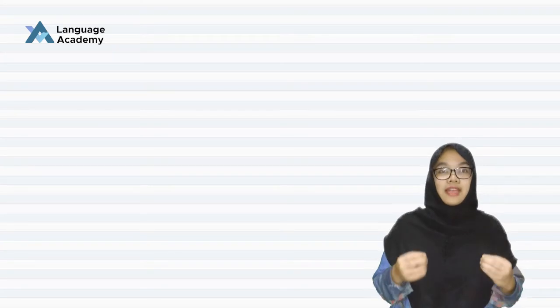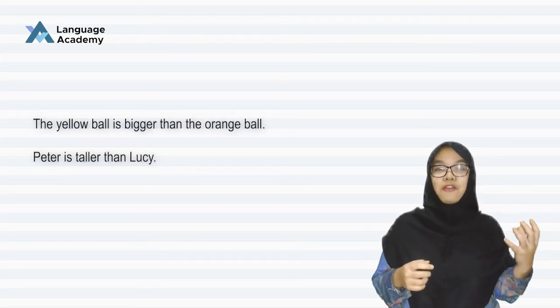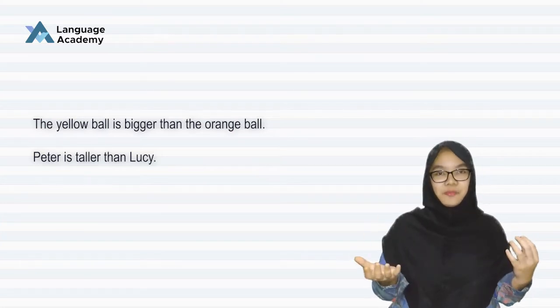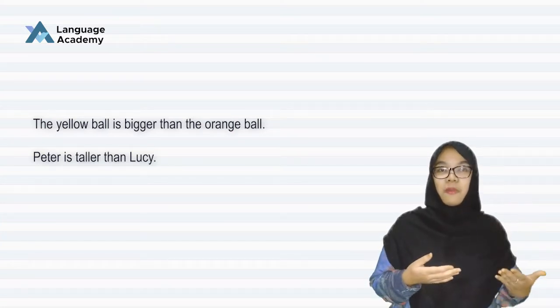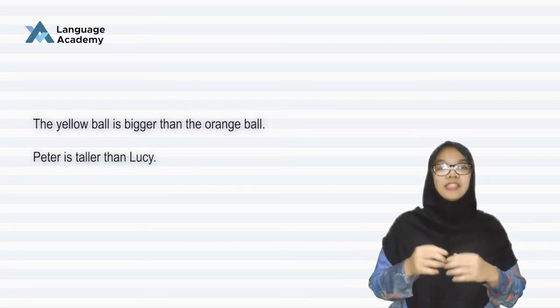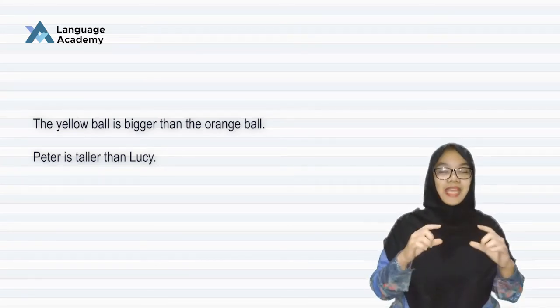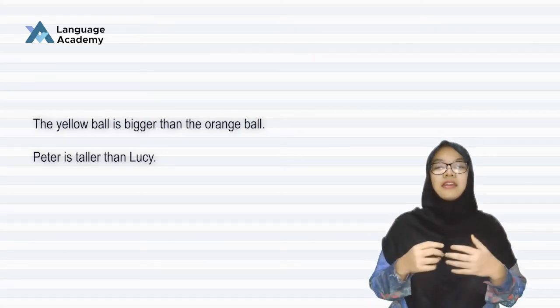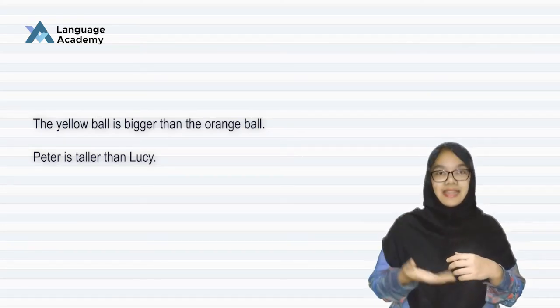Okay, let's delve into some examples in this group. For example, the yellow ball is bigger than the orange ball. The yellow ball is bigger than the orange ball, like that. So you see, the big there turns into bigger, dan G-nya kita gandakan.